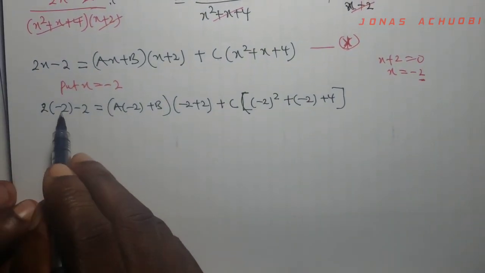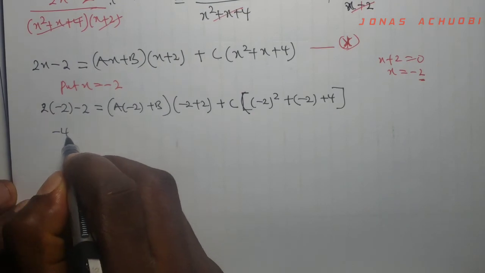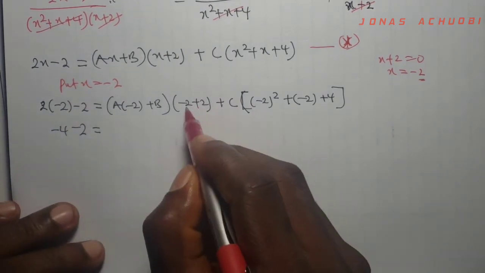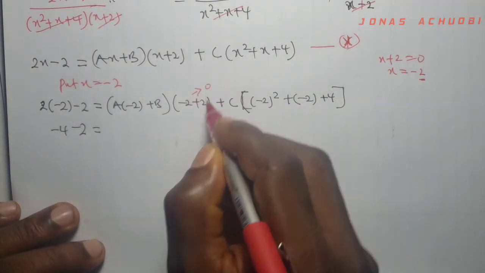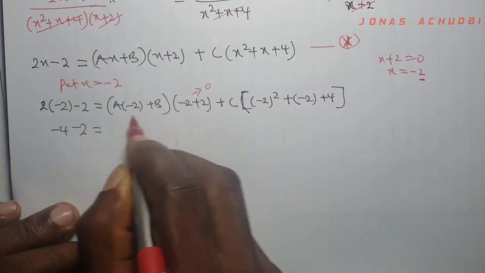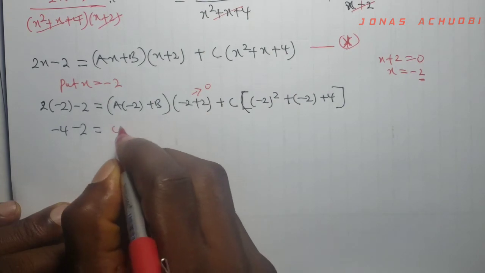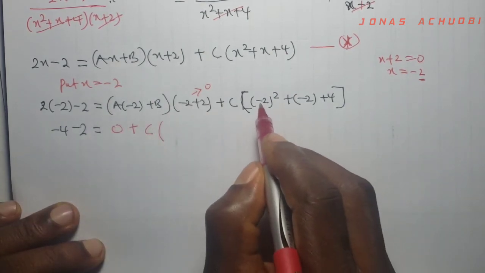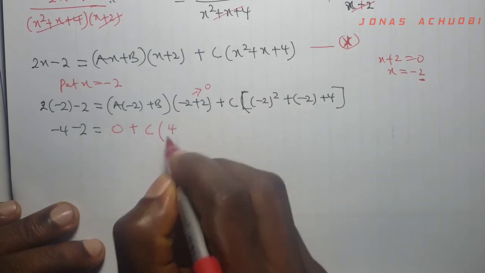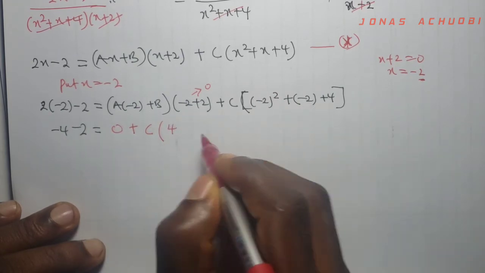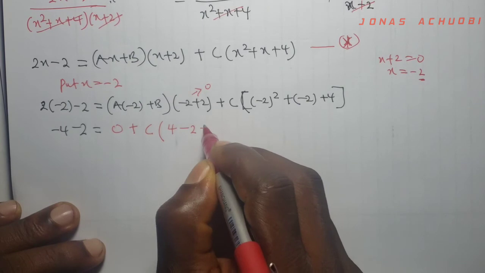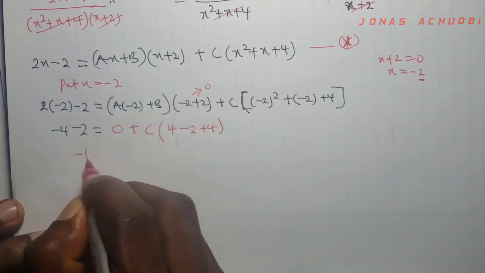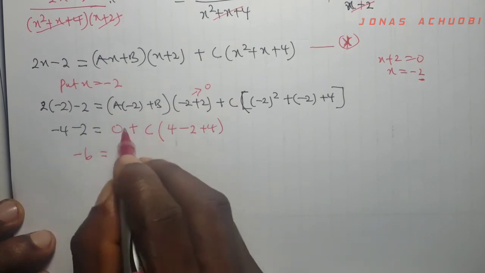So 2 times minus 2 is minus 4, minus 2 equal. So here minus 2 plus 2 is 0. And once here is 0, whatever this will be times 0 is also 0. Plus c into minus 2 all squared is 4, plus times minus 2 is minus 2, plus 4. So I have minus 4 minus 2 is minus 6 equal to, this is 0.